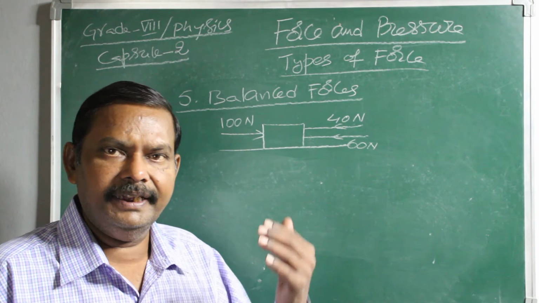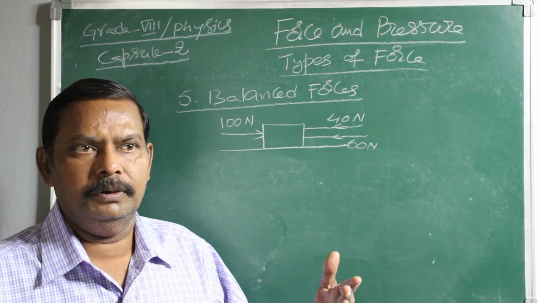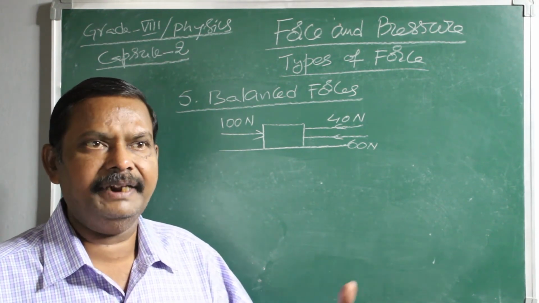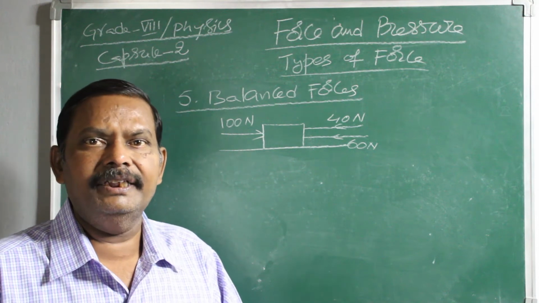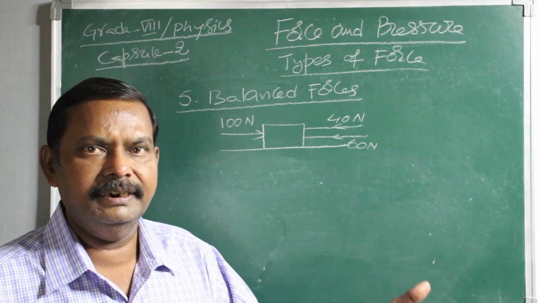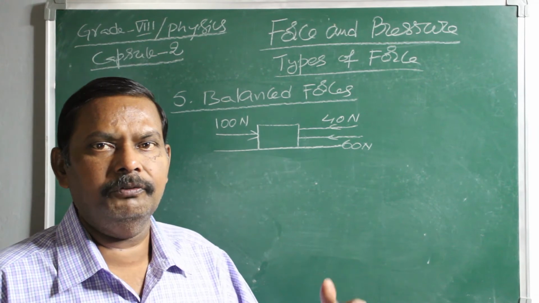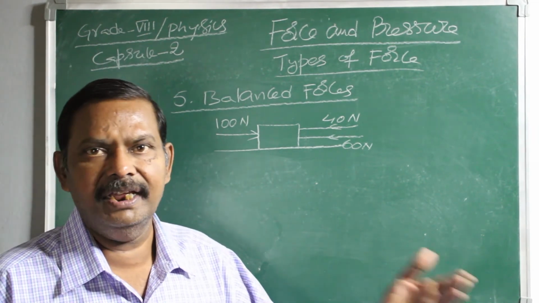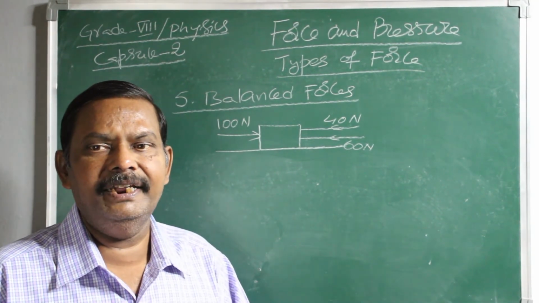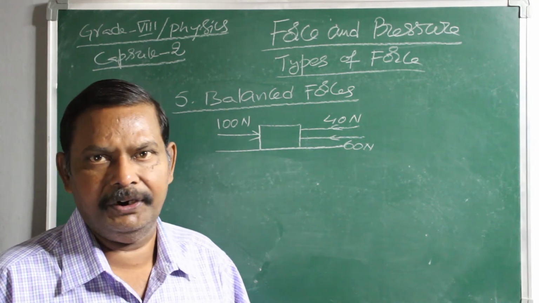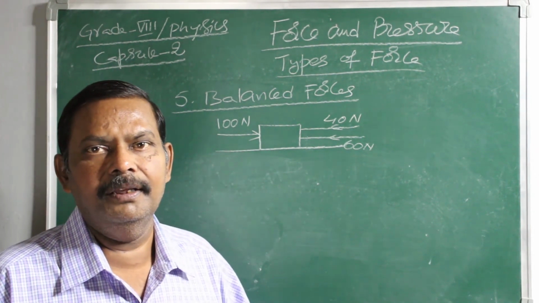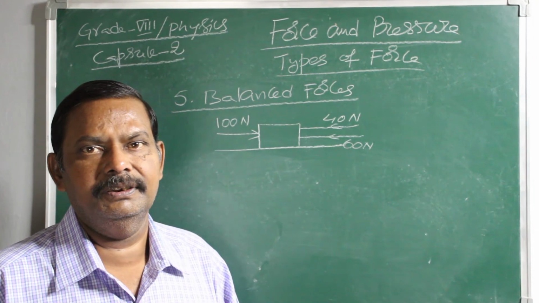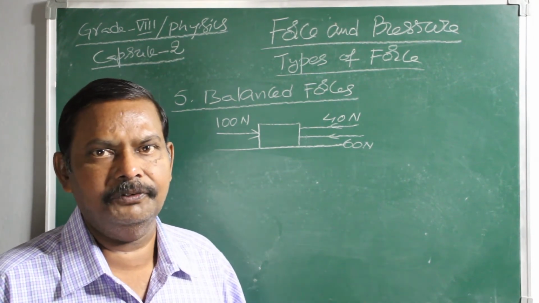Here on the same body, two sets of parallel forces are acting in the opposite direction, and the force acting towards the right is equal to the total force acting towards the left side. So we cannot find any change in the position of the body, and the forces are called balanced forces. So this is about the balanced forces.